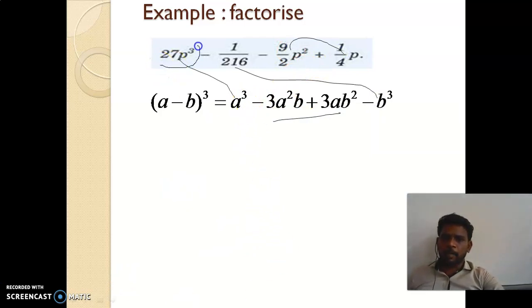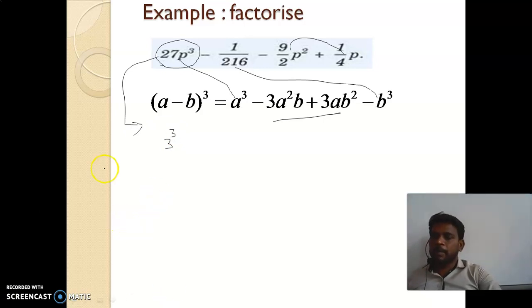This one corresponds to the a value. So how can we write 27 with the power of 3 here? That is 3 cube. If you take power 3 of the number 3, it will give 27. That is 3 threes are 9, 9 threes are 27. So it can be written as 3 cube into p cube. And minus 1 divided by 216 is nothing but 6 cube. If you multiply 6 three times, you will get 216.